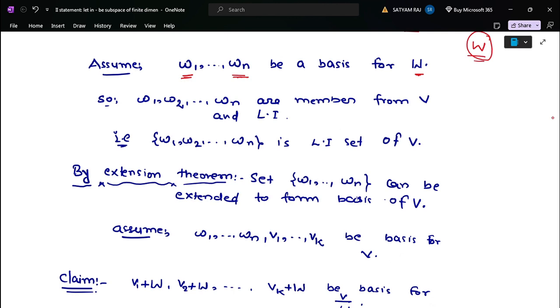W1, W2 to Wn are members of W, and W is contained in V, so they are members of V and form a linearly independent set of V.